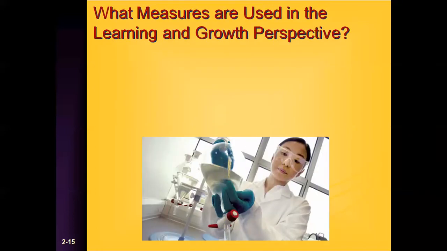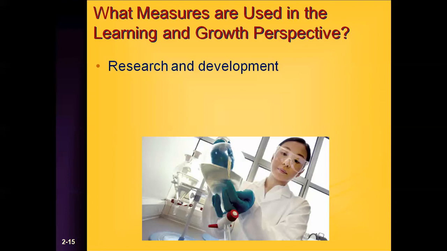The last perspective of the four is the learning and growth perspective. Learning and growth specifically relates to how much a company is reinvesting in itself in a variety of areas. The most common measure is research and development.